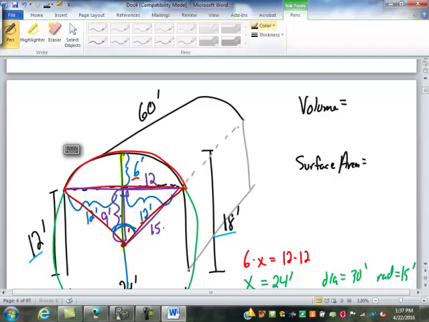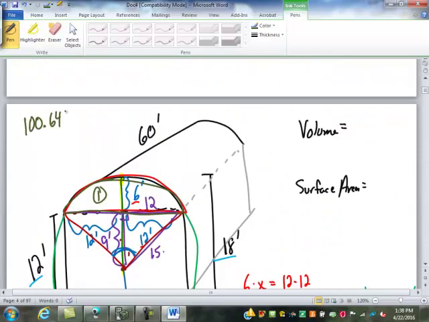So what I'm going to do is this. Piece 1 here is this segment of a circle. We found that to be 100 point what? 64, right? Square feet. Piece 2 is this rectangle down here.